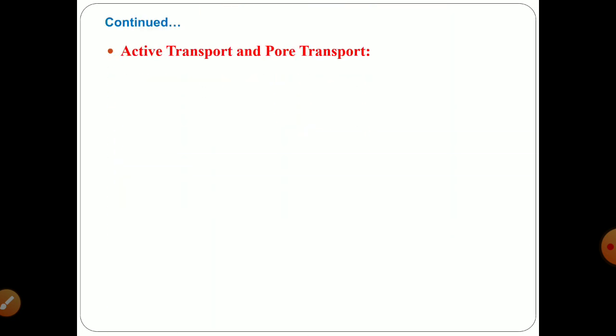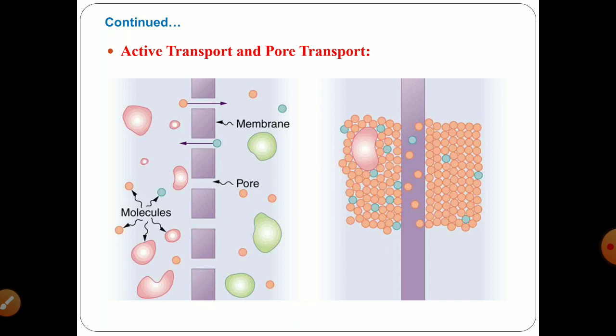The next is active transport and pore transport. Some molecules do require energy for their transport across the membrane. So you need to supply an additional amount of energy for that transport.